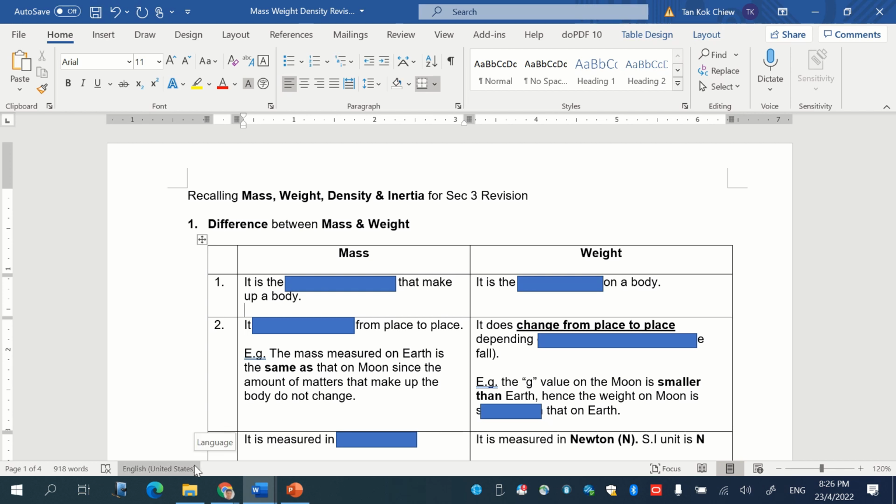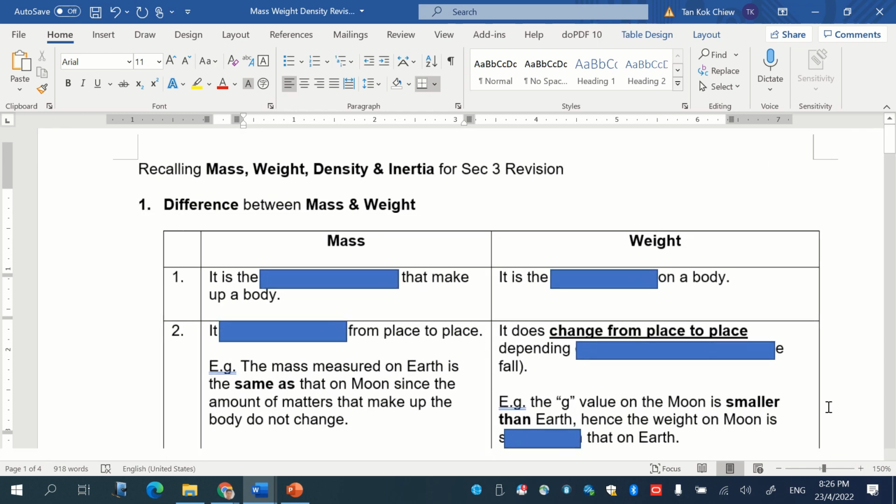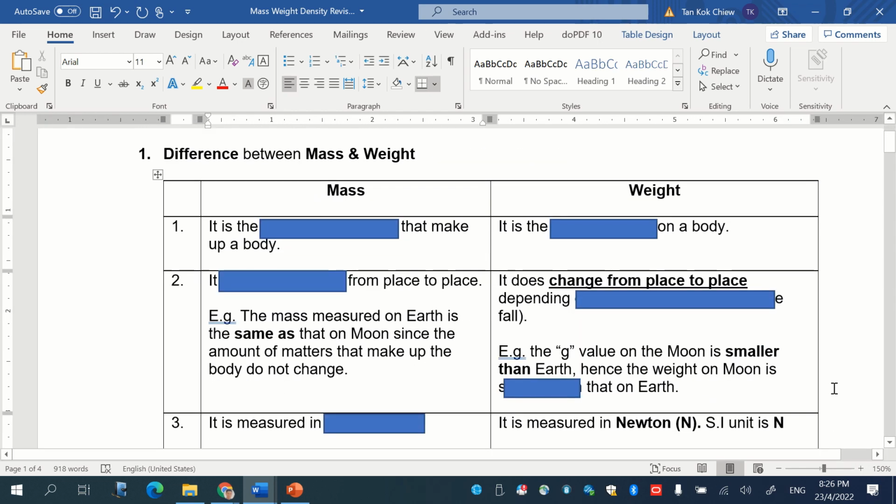In this video clip, you would be able to open up this slide. As I go through this with you, not to worry that you have no hard copies to note down, because I would be printing this copy for you when I come back.